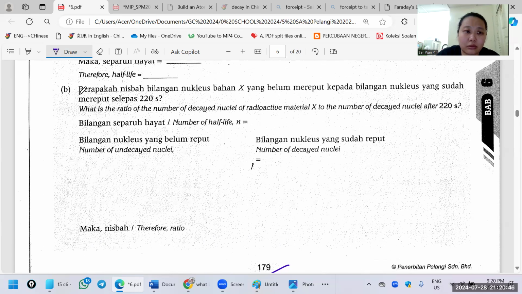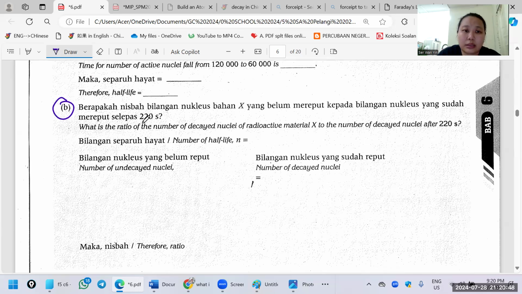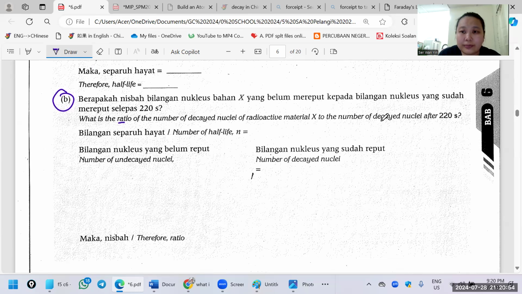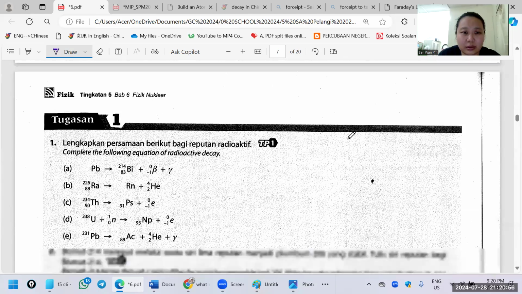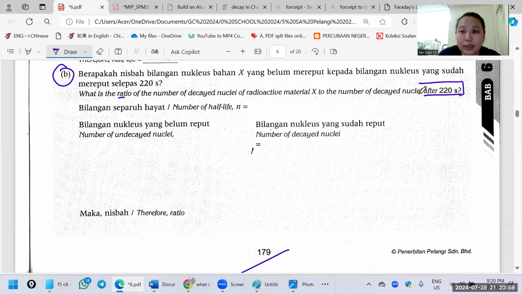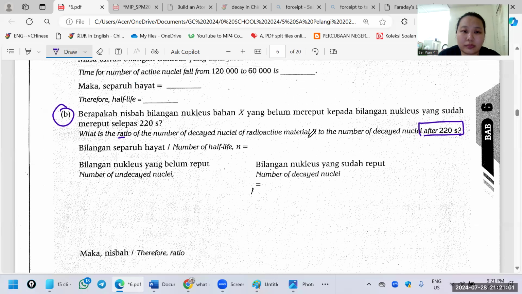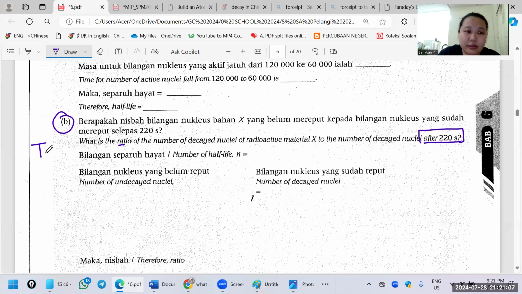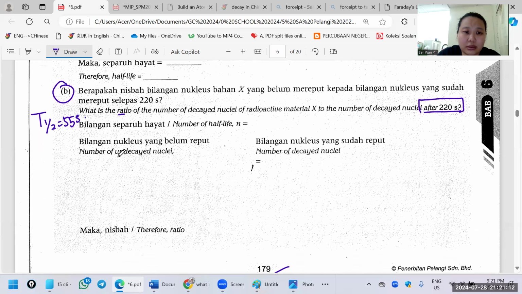Okay, so now the question is the ratio after 220 seconds. Okay, so let's say our half-life is 55 seconds. So number of undecayed nuclei means what's left. Decayed means already radiates out.